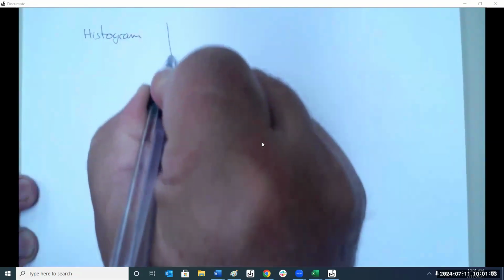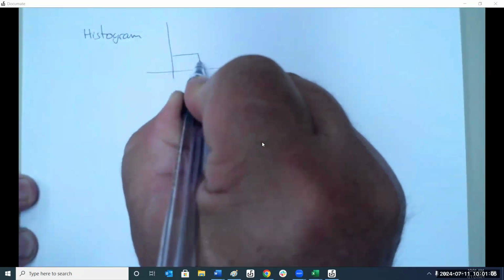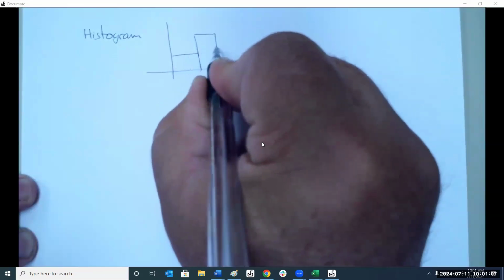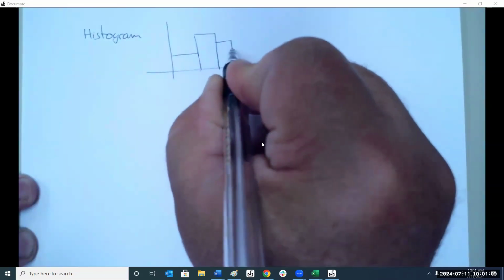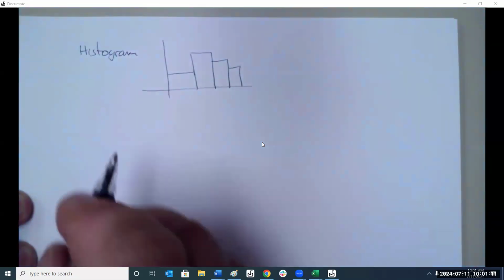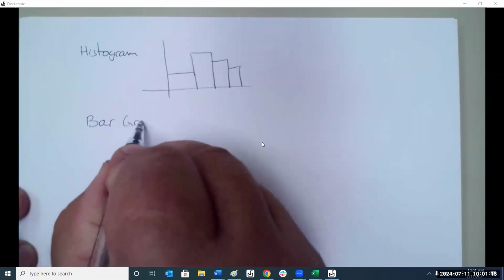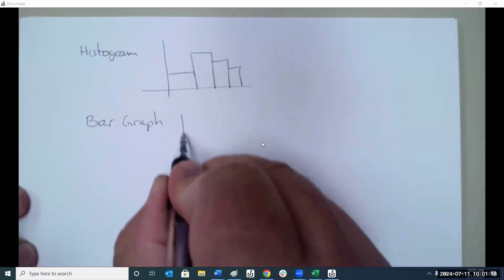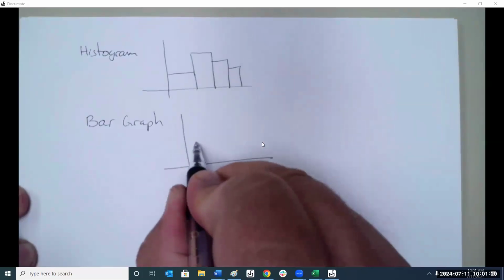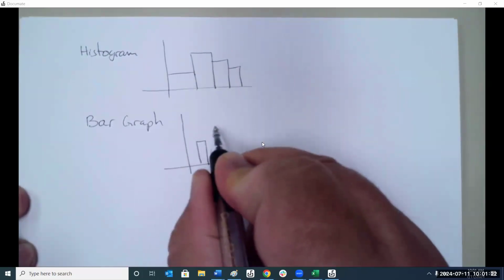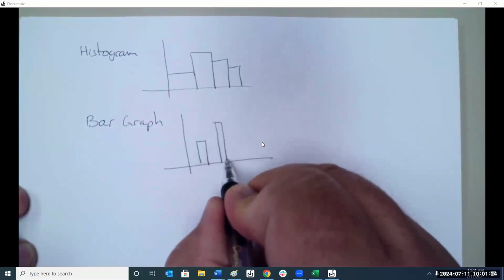All right. The next one is unlike the histogram, where we had each of our data touching the sides, touching each other. A bar graph, each bar represents its own data.